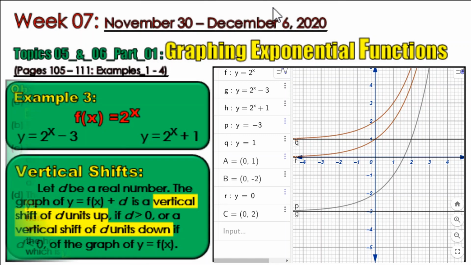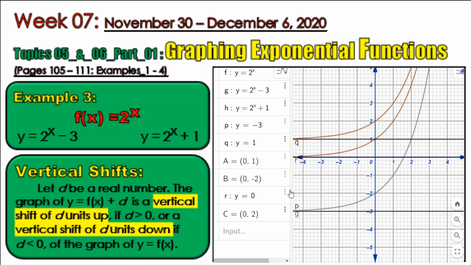For example number 3, let d be a real number. The graph of y is equal to f of x plus d is a vertical shift of d units up if d is greater than 0, or positive, or a vertical shift of d units downward if d is less than 0, or negative, of the graph of y is equal to f of x.